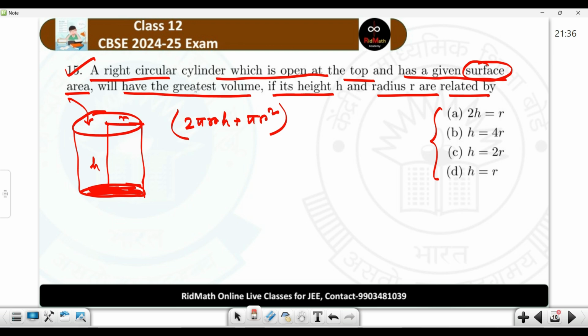Now it has the greatest volume. So its volume is V = πr²h. Now this is fixed.